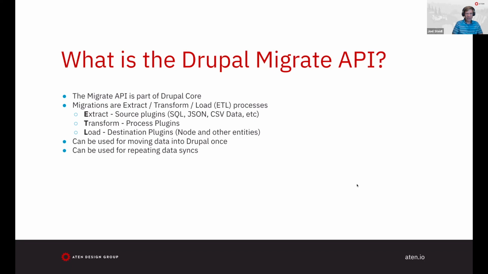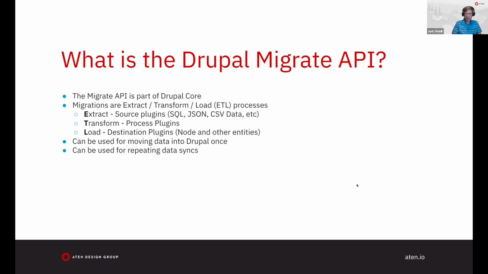The Migrate API is implemented as ETL processes. You've maybe heard that before, even outside of the Drupal realm. It's kind of like common terminology. ETL stands for extract, transform, and load. And in the case of the Migrate API, extract are your source plugins.